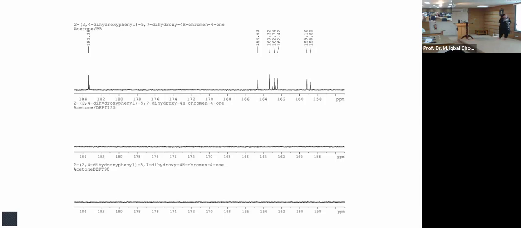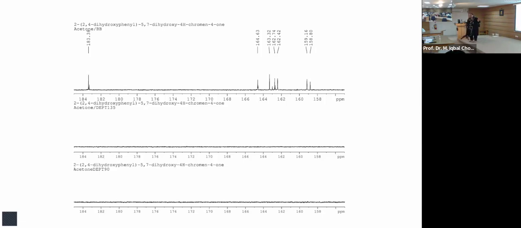But with DEPT NMR, we can get this information back because DEPT 90 gives the information of CH only. And when we compare DEPT 90 with DEPT 135, then we can get the information of CH, CH2 and CH3. Since this molecule doesn't have any CH3 and CH2, that's why we do not have them. Otherwise, all hanging downward are CH2.